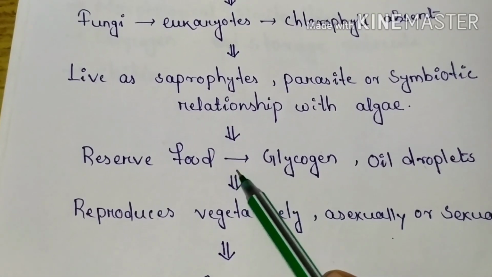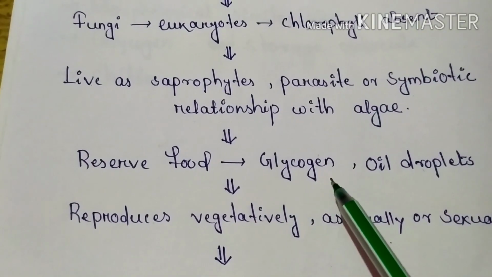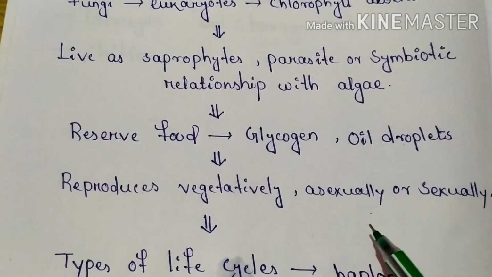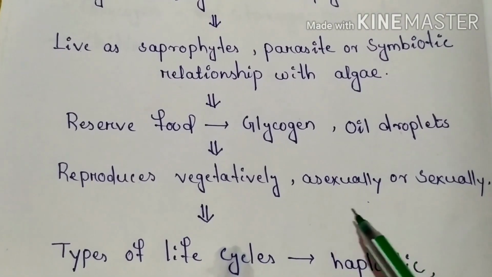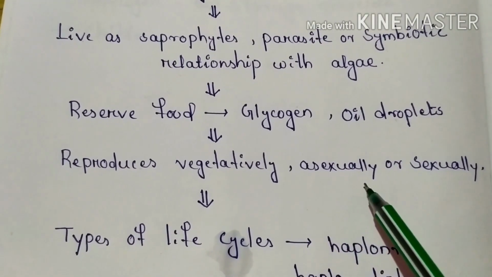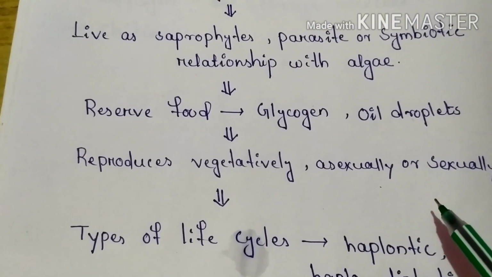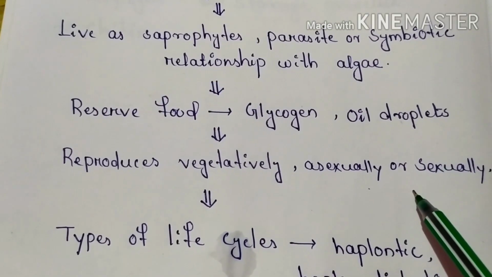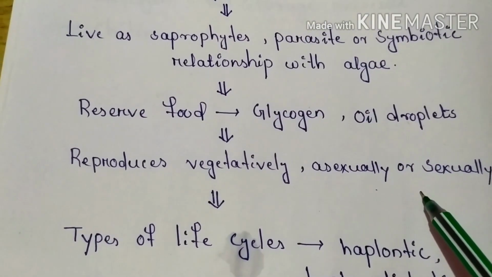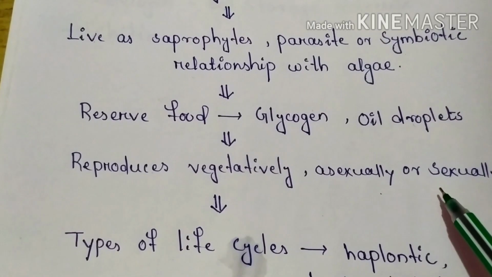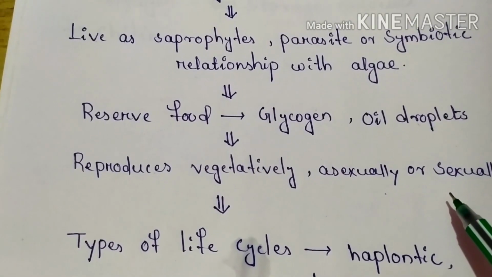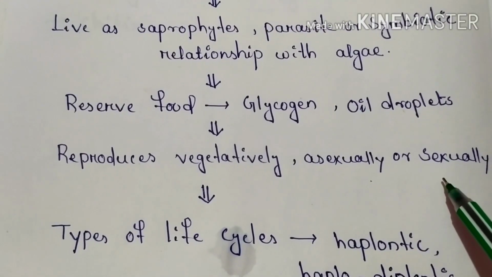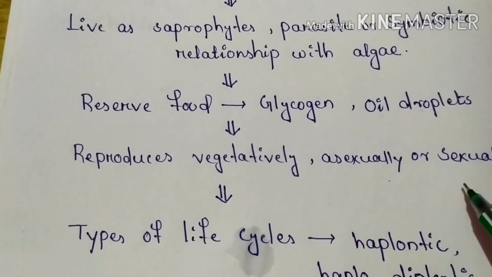Then fungi reproduce by three methods, that is vegetative reproduction, asexual reproduction and sexual reproduction. But generally, reduction of sexuality is observed in case of fungi.